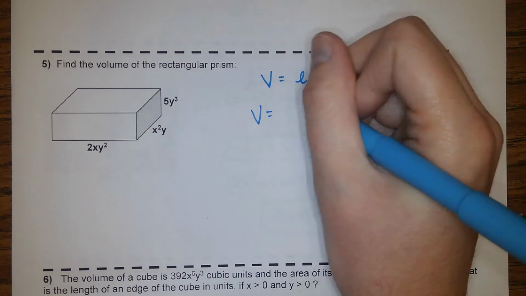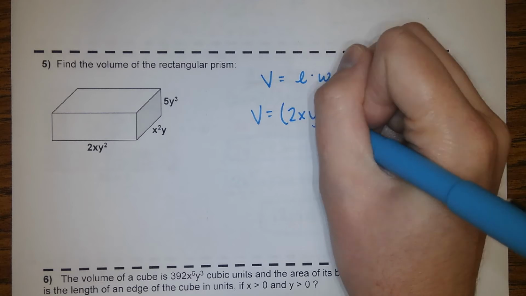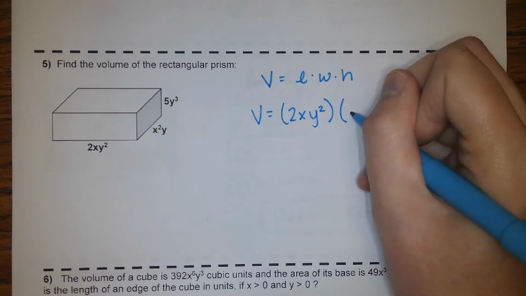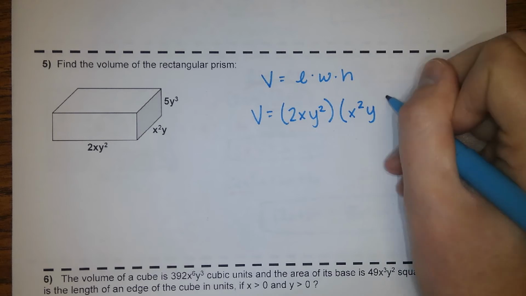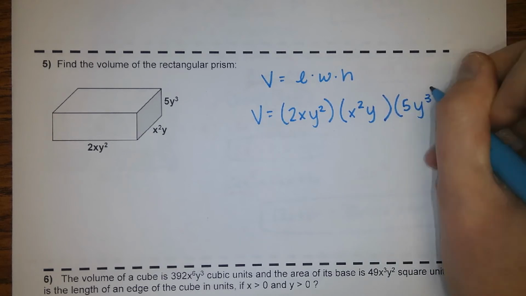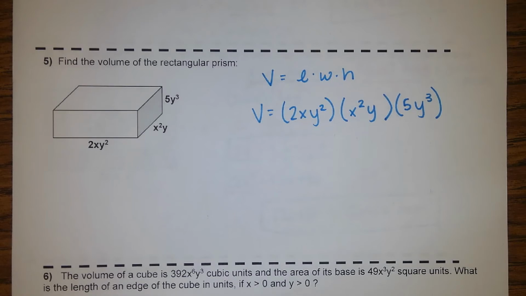So our length would be 2x y squared times x squared y times 5y cubed. So as we're multiplying, we want to pick out all of the things that are the same.